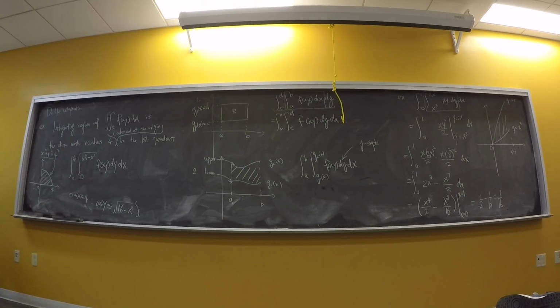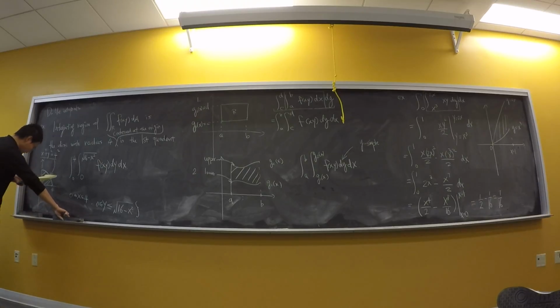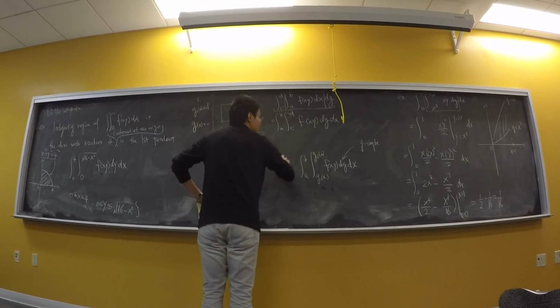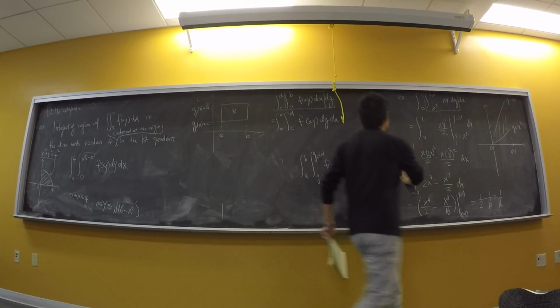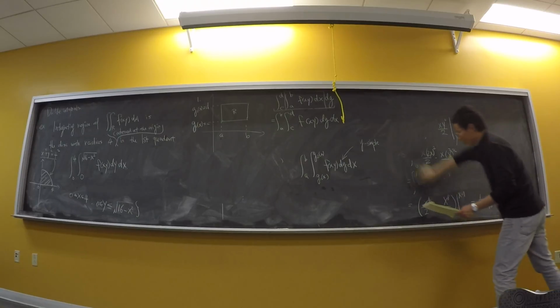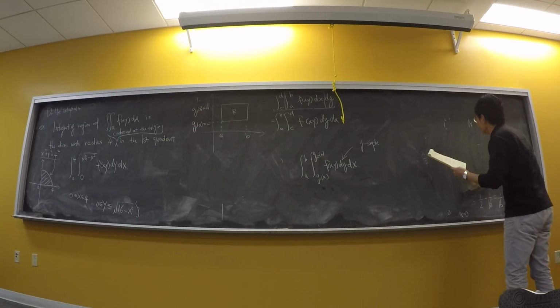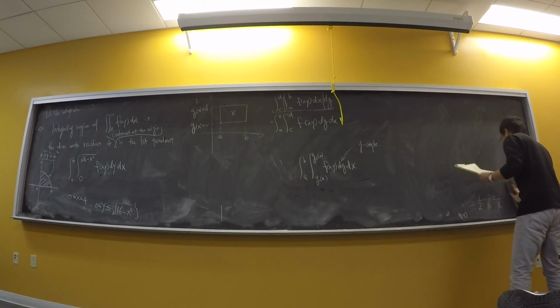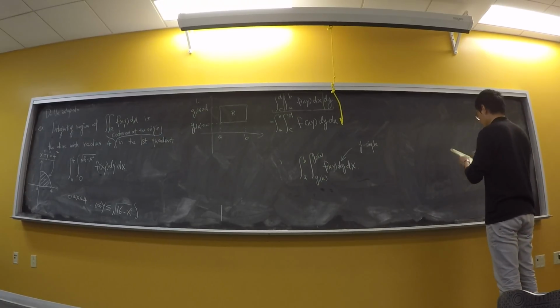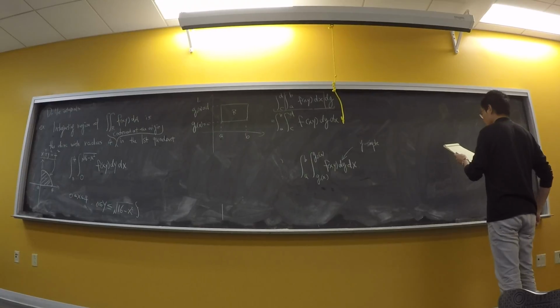Okay? So I want to give you one more example, so maybe I should erase this one so I can compare all the types of regions. So this region is in this form.